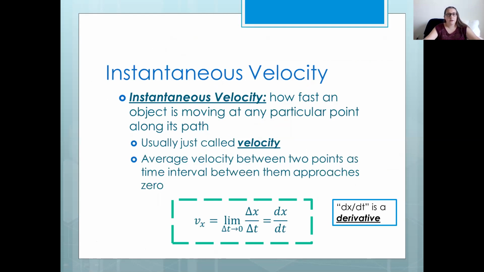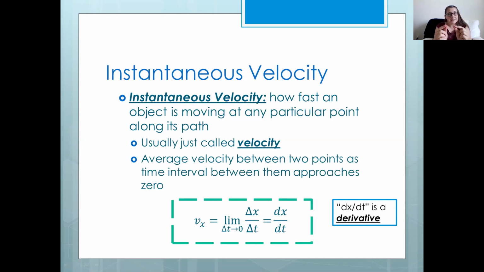The second type of velocity that we are interested in is instantaneous velocity. And that's how fast an object is moving at any particular point along its path. So we're not necessarily interested in how fast is it going from this point to this point, our average velocity. We're looking at how fast is it going at 3.58 seconds.